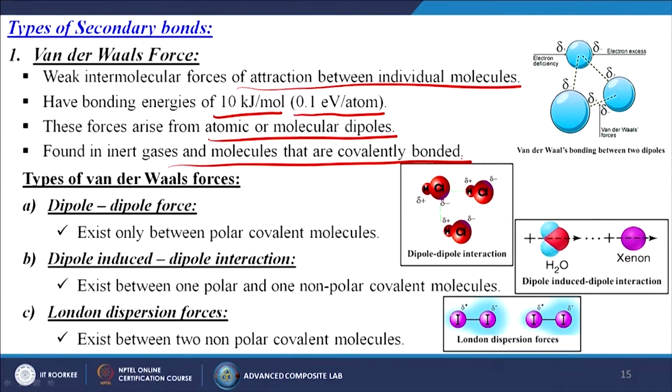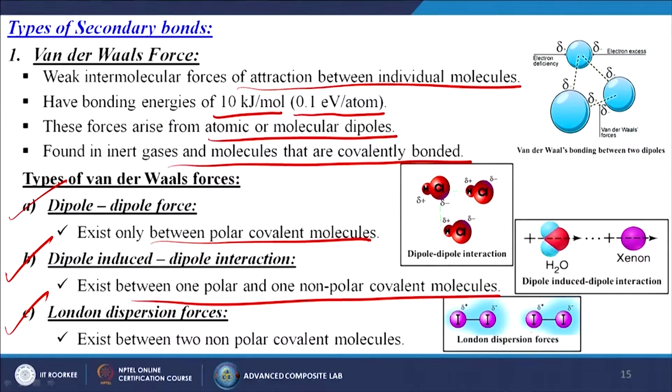There are generally three types of van der Waals forces. First is the dipole force, existing only between polar covalent molecules. Second is dipole induced dipole interaction, existing between one polar and one non-polar covalent molecule. And the last is the London dispersion forces, existing between two non-polar covalent molecules.